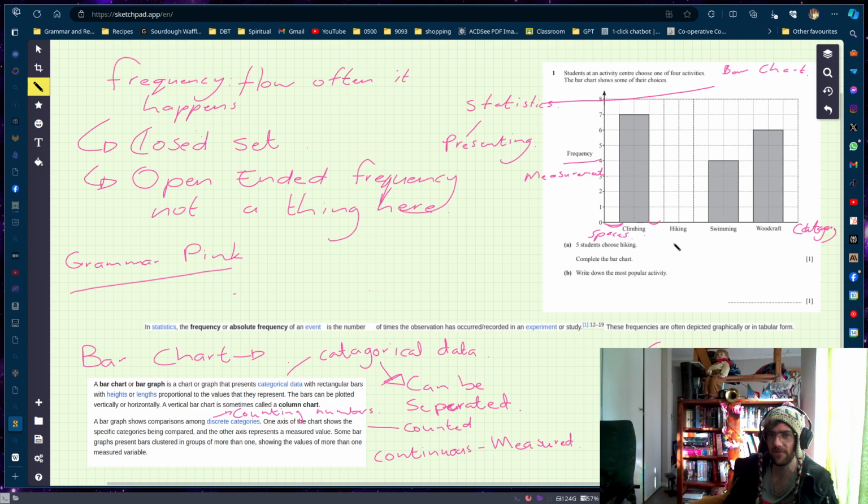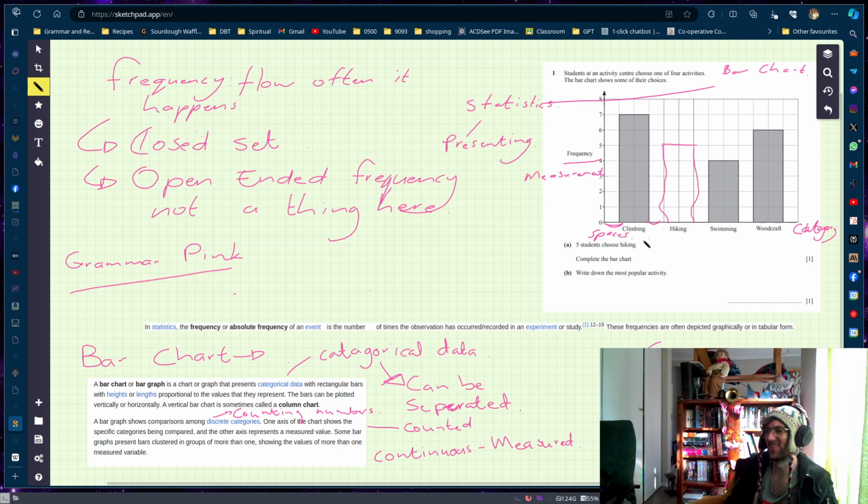So we need 5 students. Now, each one is 1, 2, 3, 4, 5. So it's going to be there. And we have 2 bars wide. Oop. Oh my gosh.